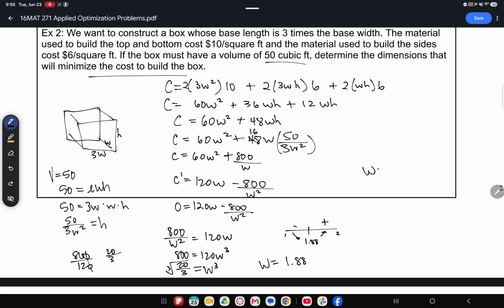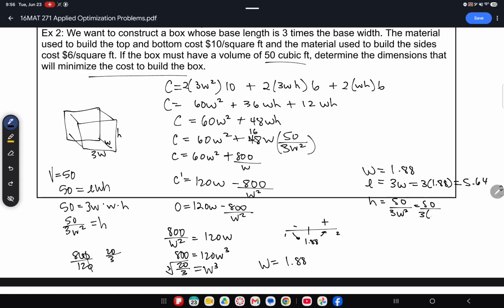So we have a width of 1.88. We have a length, which is 3 times that, 3 times W. So 3 times 1.88 gives me 5.64. And then the height was 50 over 3W squared.